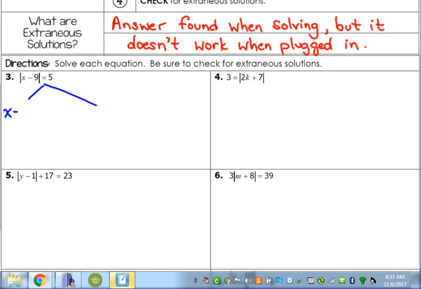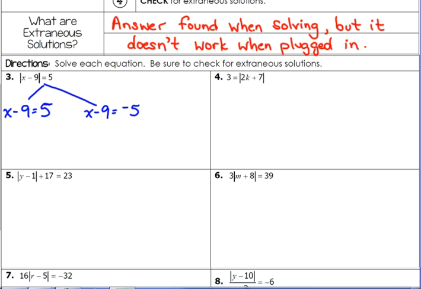So we've got x minus 9 is equal to positive 5. And if x minus 9 is equal to negative 5, when we take the absolute value of it, it will equal positive 5. So these are the two equations that we're solving.